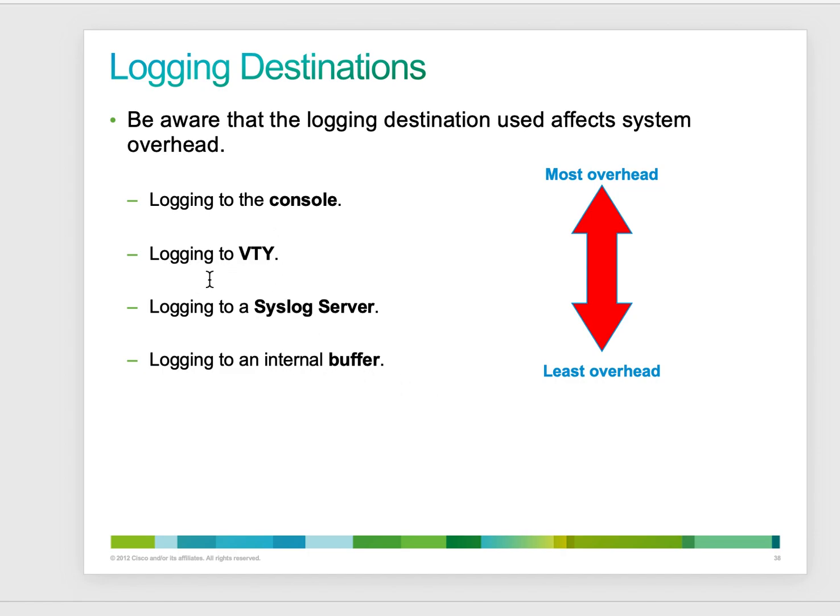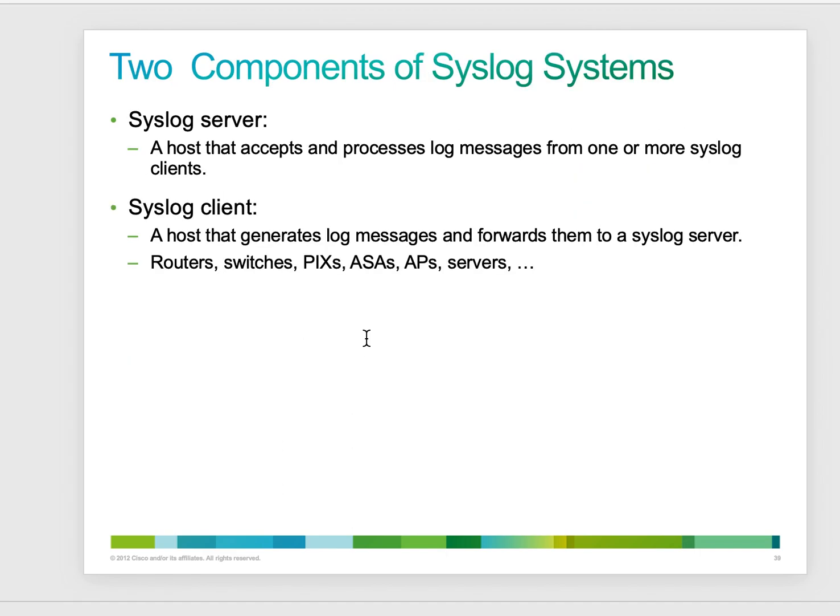In between them, you have logging to the VTY, the virtual terminal, and then logging to the syslog server. The most one that people log into is usually the console, and the least one is the buffer, okay?